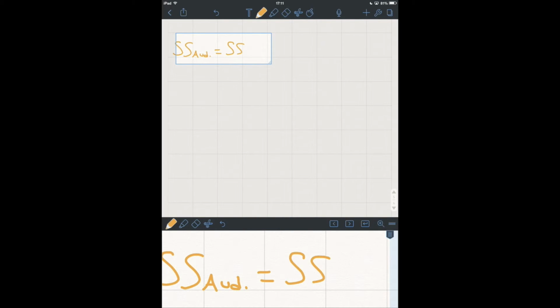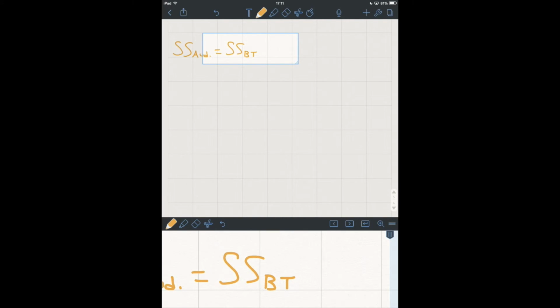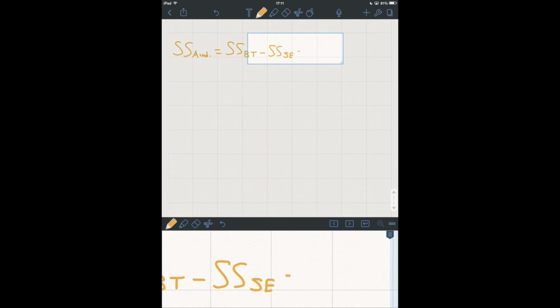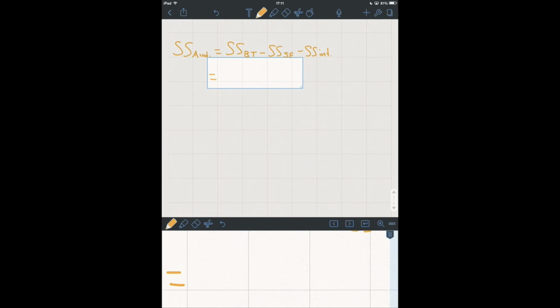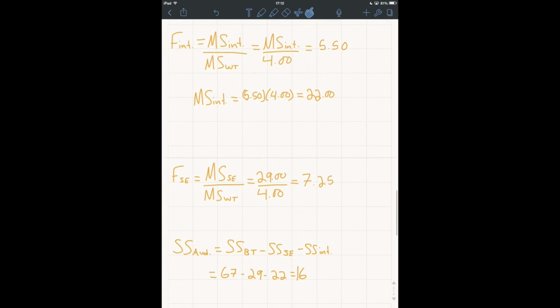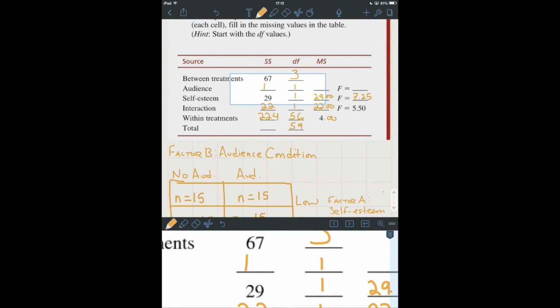So sums of squares between, which will leave us with the sums of squares for audience, minus sums of squares self-esteem, minus sums of squares interaction, equals, so we know sums of squares between is 67, minus sums of squares self-esteem is 29, minus sums of squares interaction is 22, equals 16. And we'll go above, so that's 16.